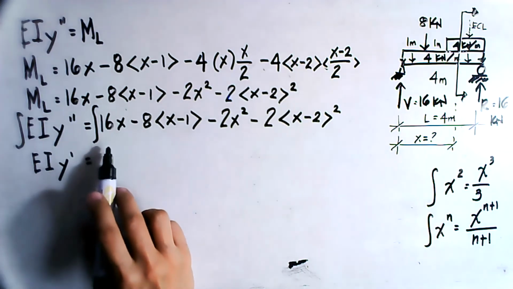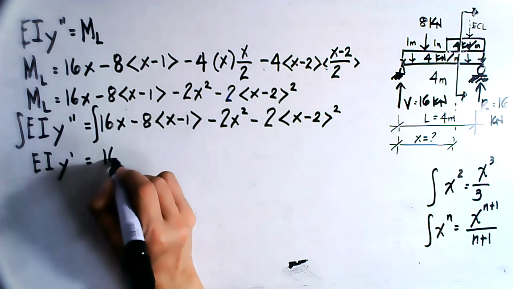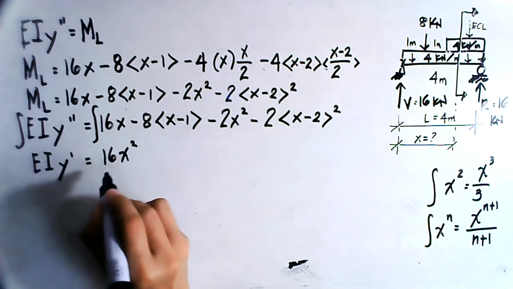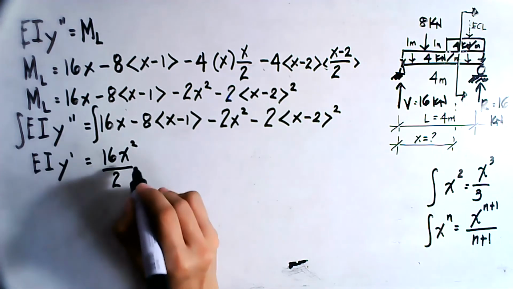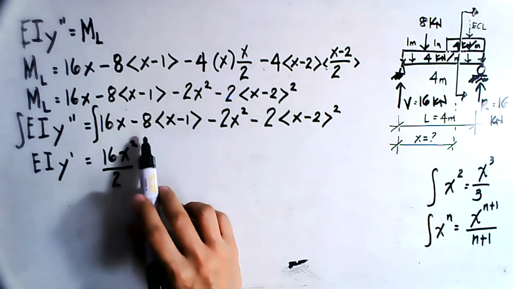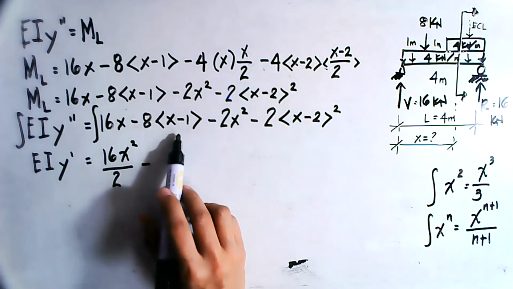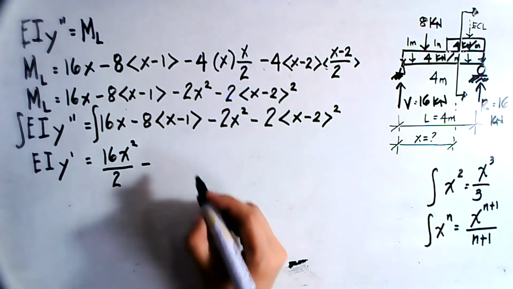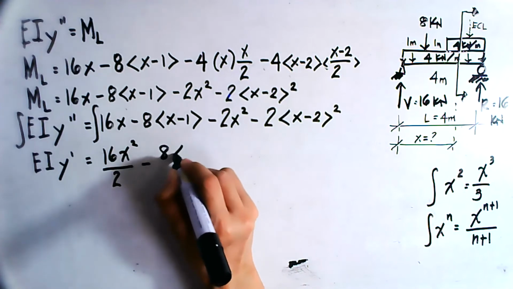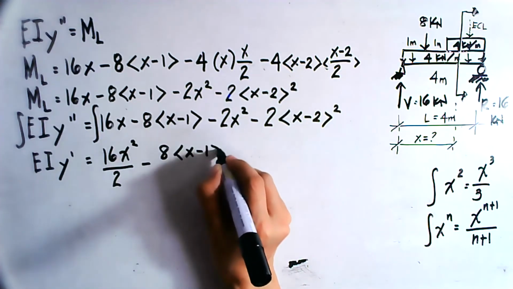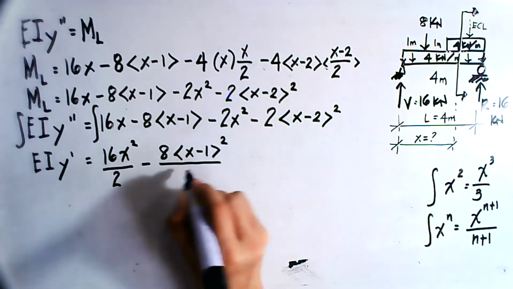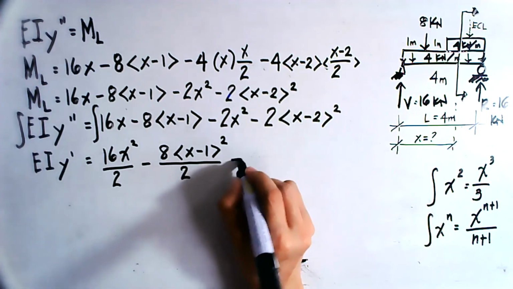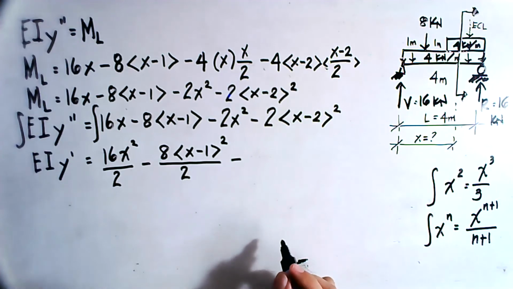So we will have here 16x squared over 2 minus the integral of 8 times x minus 1. So the integral of 8 times x minus 1 will be 8 times x minus 1 squared over 2, minus the integral of 2x squared.